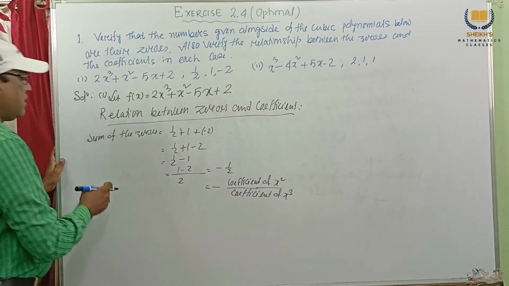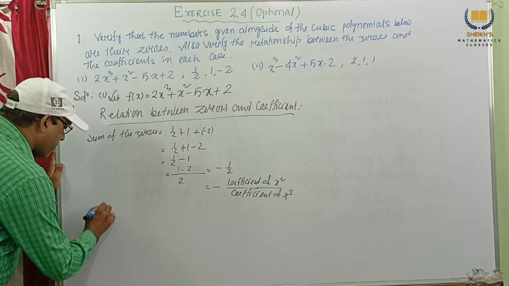Now the product of the zeros taken 2 at a time.